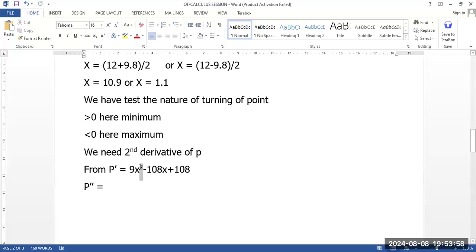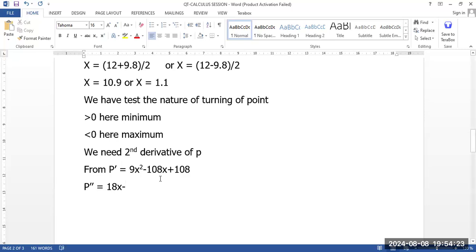We get the original power times 9, which is 18. Then we write x. After writing x, get your original power, subtract 1. So you will be left with x power 1, and it is the same as x.